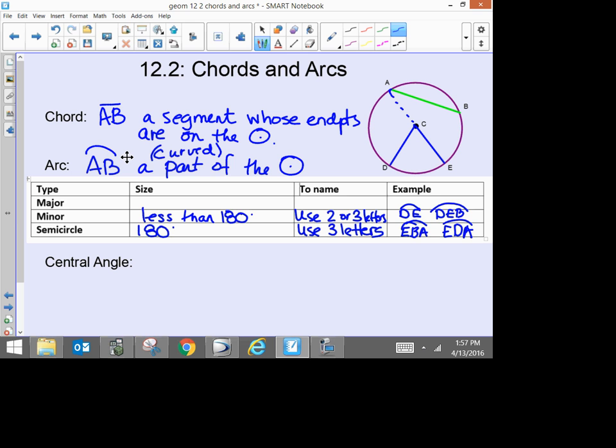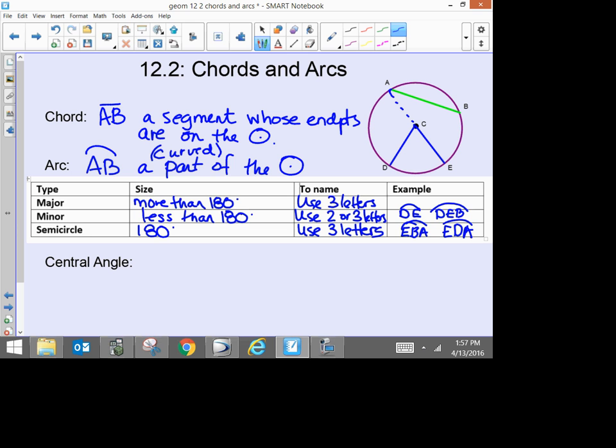All right. Okay, major arc is more than 180 degrees. To name, you have to use 3 letters. Okay. So what? Assuming EA is a diameter, let's see.